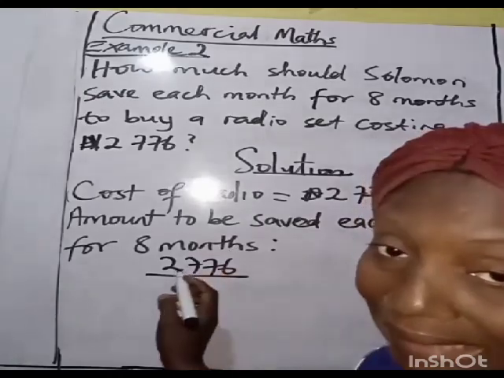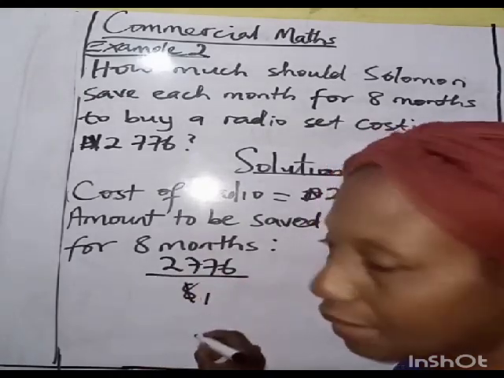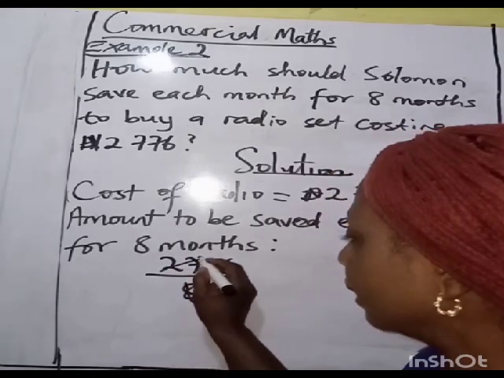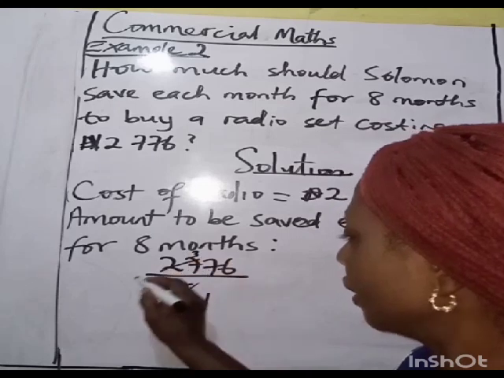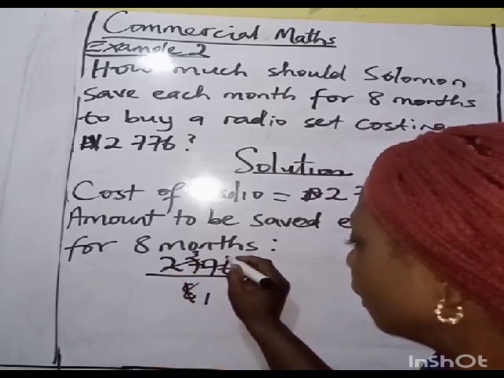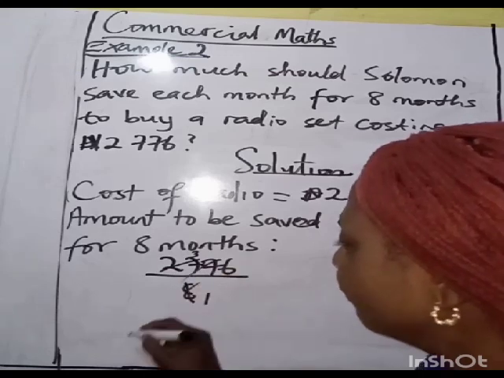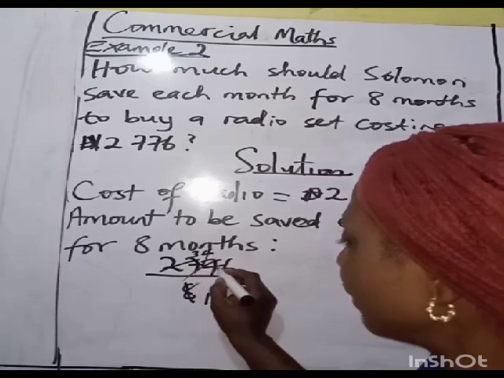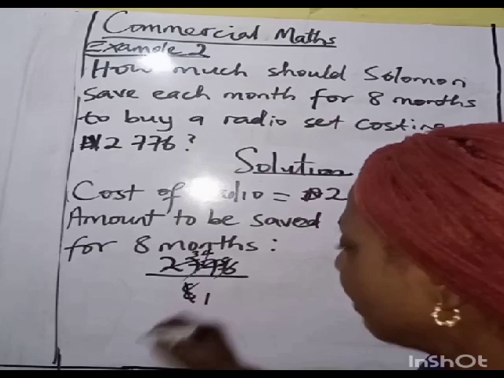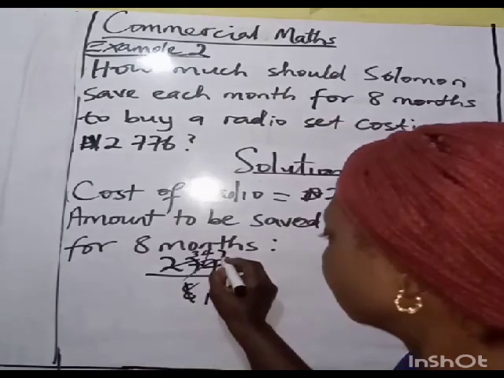We now use 8 as our common factor. 8 divide 8 itself is 1. 8 divide 27 gives us 3, remainder 3, put it here. 8 divide 37 gives us 4, remainder 5. 8 divide 56 now gives us 7.